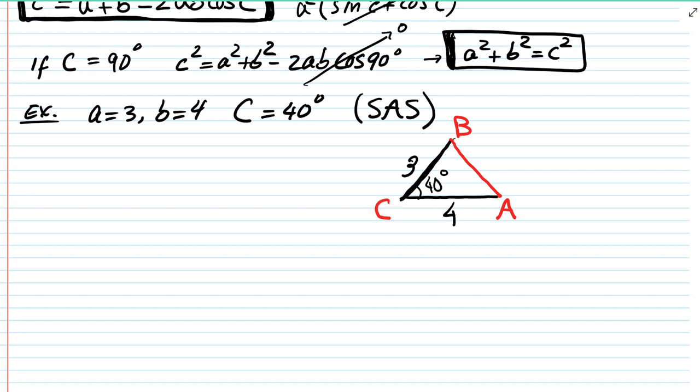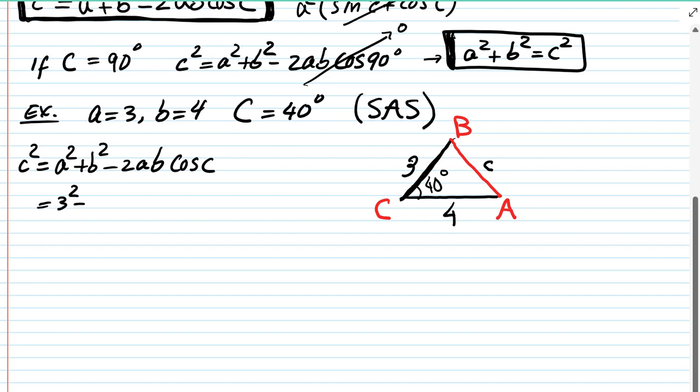Great. So we can find the length of C as C squared equals A squared plus B squared, the sum of the squares of the other two sides, negative twice the product times the cosine of the included angle. And that's it.